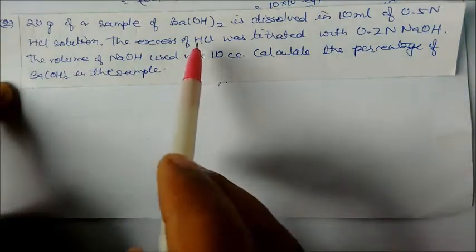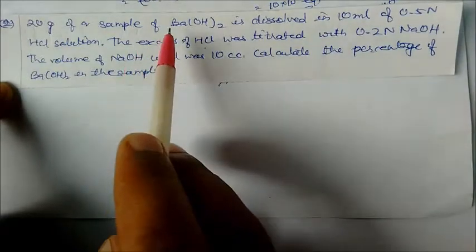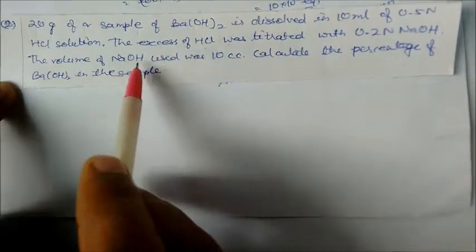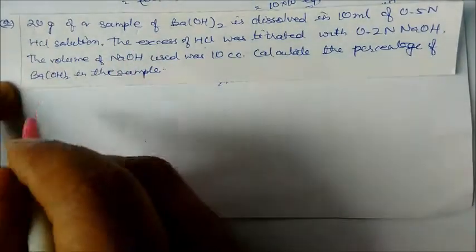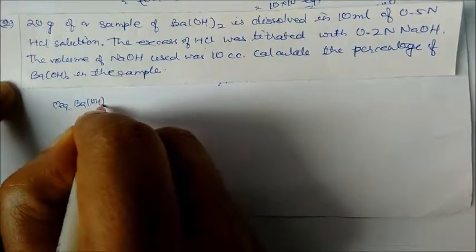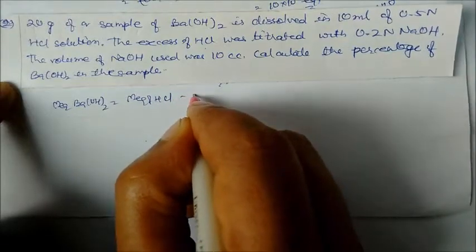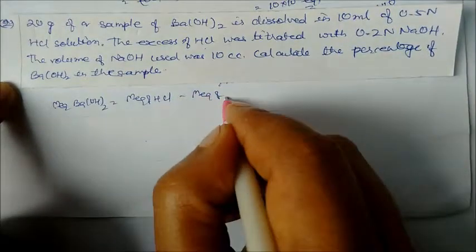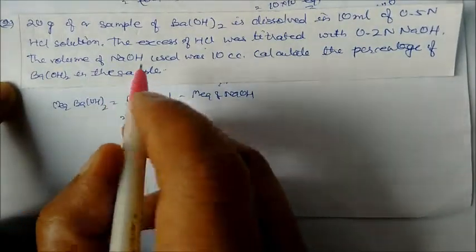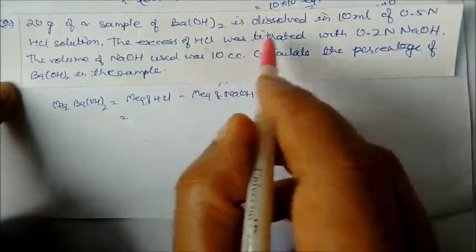We can see here HCl reacting with the barium hydroxide, and again sodium hydroxide. So the milliequivalent of barium hydroxide will be equal to the milliequivalent of HCl minus the milliequivalent of sodium hydroxide. The milliequivalent of HCl is 10 into 0.5.